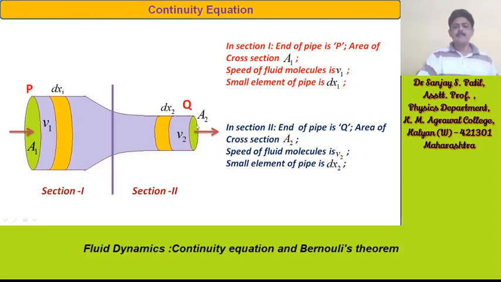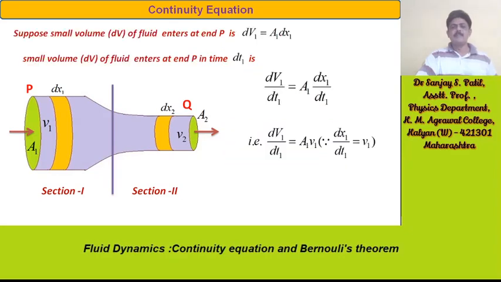If area of cross section is smaller, then speed of the fluid molecules will be larger. So this is given in the continuity equation: area of cross section and speed of fluid molecule, the product of both is equal to constant. Therefore, area of cross section is inversely proportional to the speed of fluid molecule.